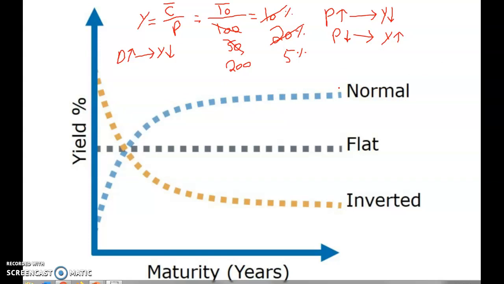So what do we see in abnormal times? Well, one of the interesting things about this yield curve, and the reason we talk about it, is it has an amazing degree of success in predicting recessions.